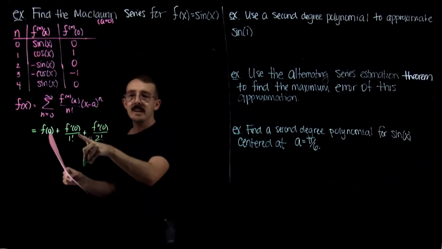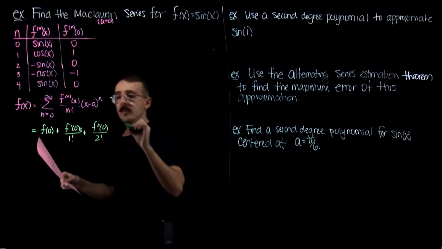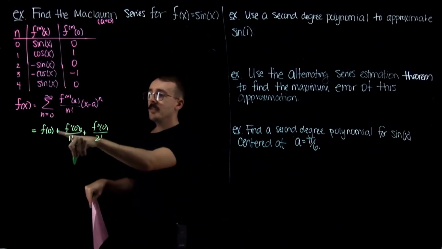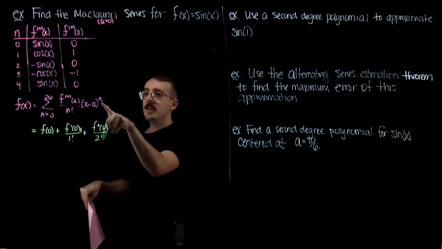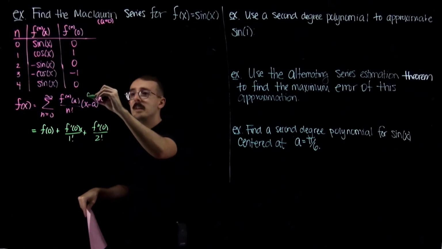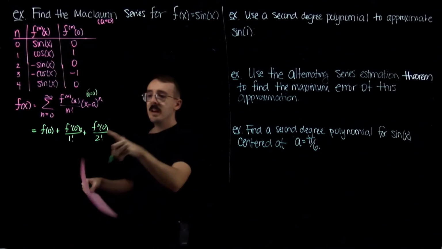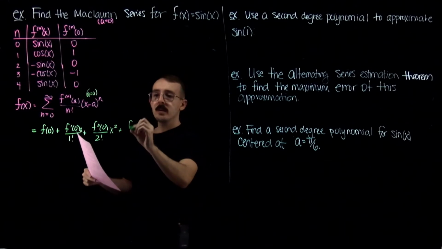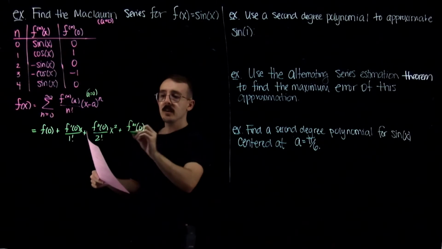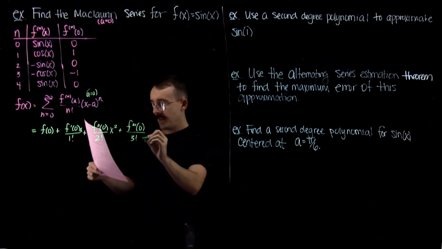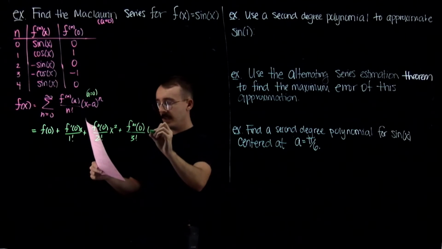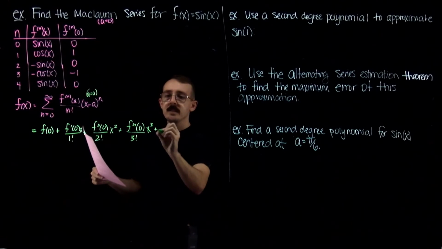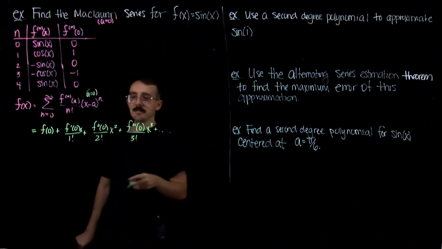I'm missing the x right here, right? Because if you plug in n equals 1, you have this x minus a, but here a is 0. This one would be x squared. Let's do one more. You'd have f triple prime at 0 divided by 3 factorial, and this would be x to the third power.